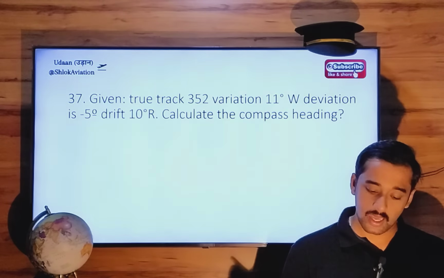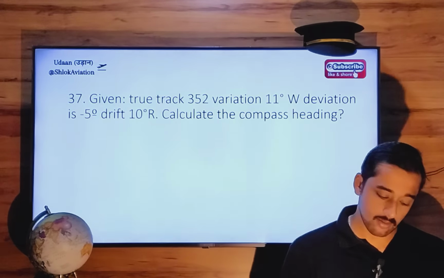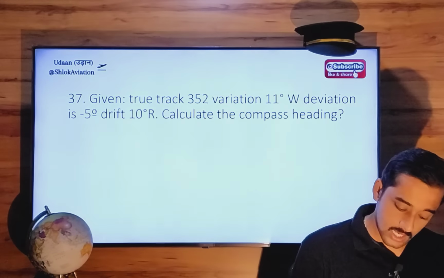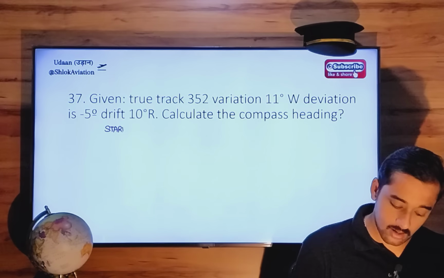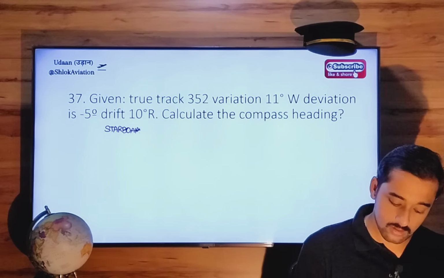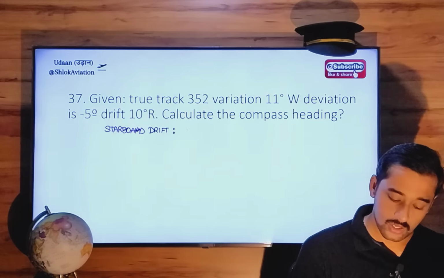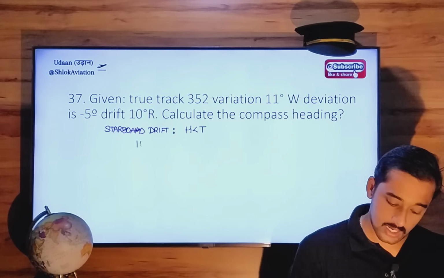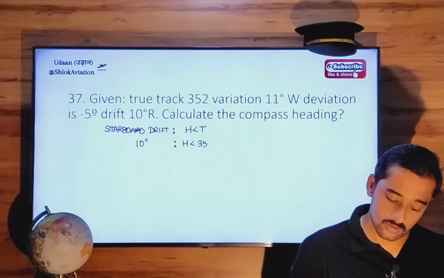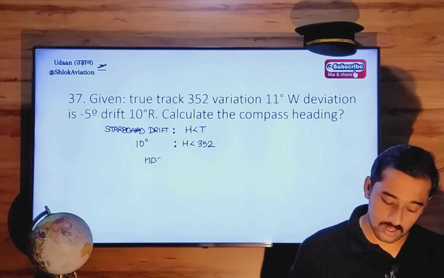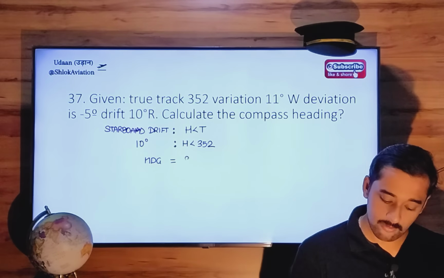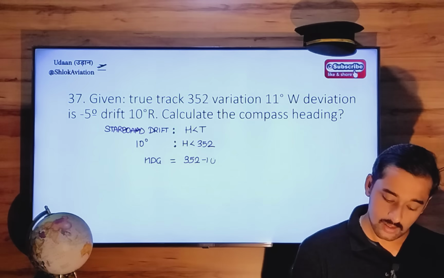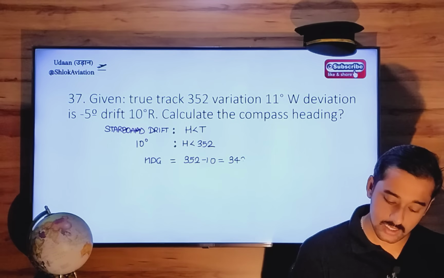Next, true track, variation, deviation, drift given. What is compass heading? Starboard drift again. Your heading is going to be less than your track. So 10-degree drift, heading less than 352. So heading will be equal to 352 minus 10, 342 degrees.